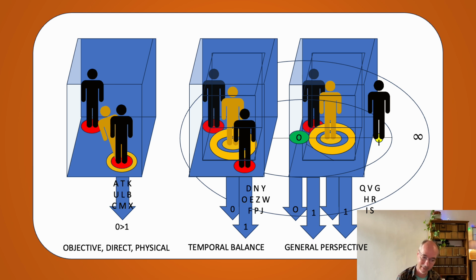They are directing you suggestively towards these positions, that they are either in the first category, finding its definition, its objective, its direction, its physicality, or they are in the second category, they're trying to find a temporal balance in the now, or in the future, or in some point in time, or it is about a general aspect.